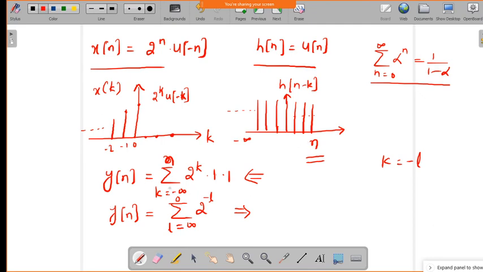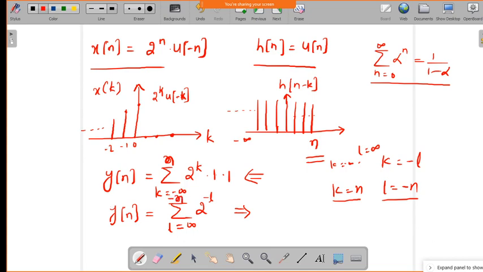Now when this k becomes equal to n, your l becomes equal to minus n. When k equals minus infinity, l is also infinity, that is k equal to minus l means plus infinity. When k equals n, l will become equal to minus n.